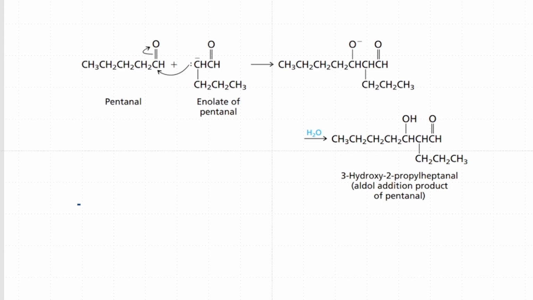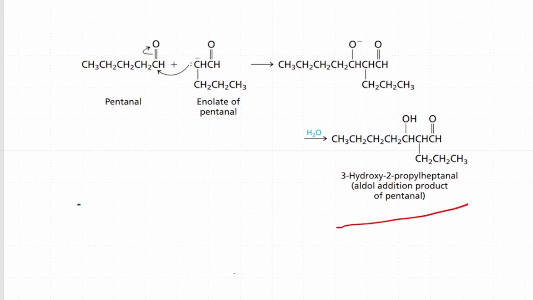The enolate of pentanal can attack the carbonyl of another pentanal and produce this kind of intermediate. This intermediate can then pick up a proton to give you 3-hydroxy-2-propylheptanal. So this product here is the aldol addition product of pentanal.